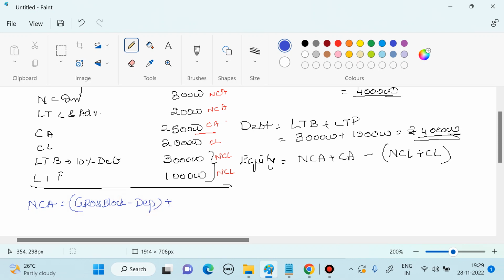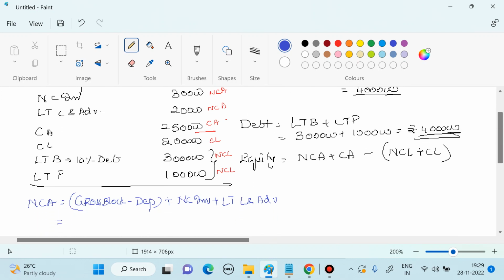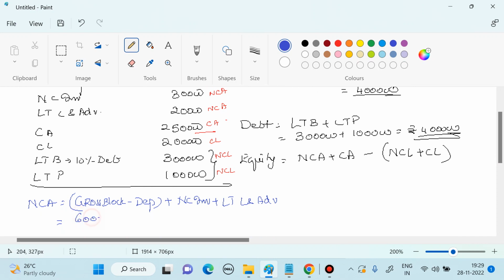To that we would add the non-current investment and long-term loans and advances. So gross block was 6 lakh minus 1 lakh of accumulated depreciation, plus non-current investment was 30,000, long-term loans and advances was 20,000. So 5 lakh plus 50,000.